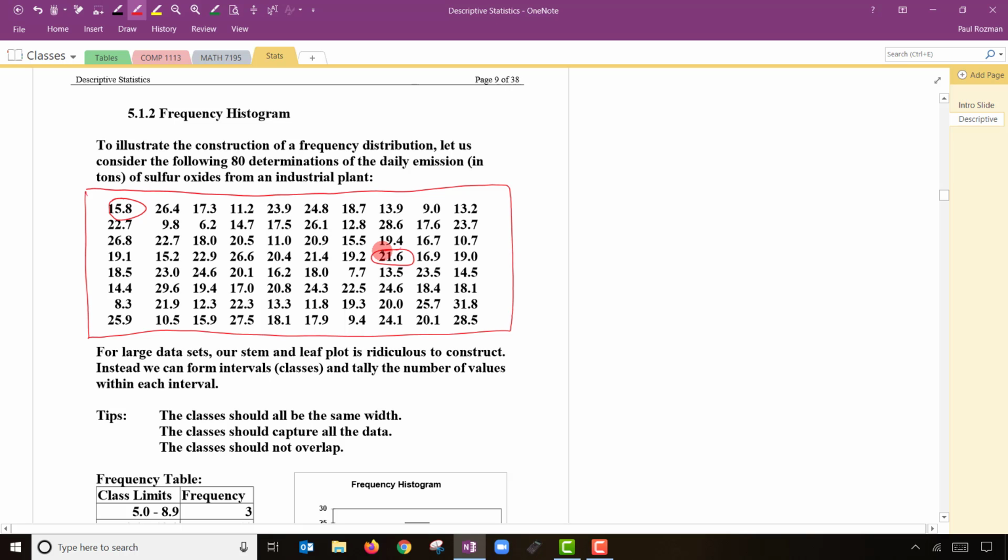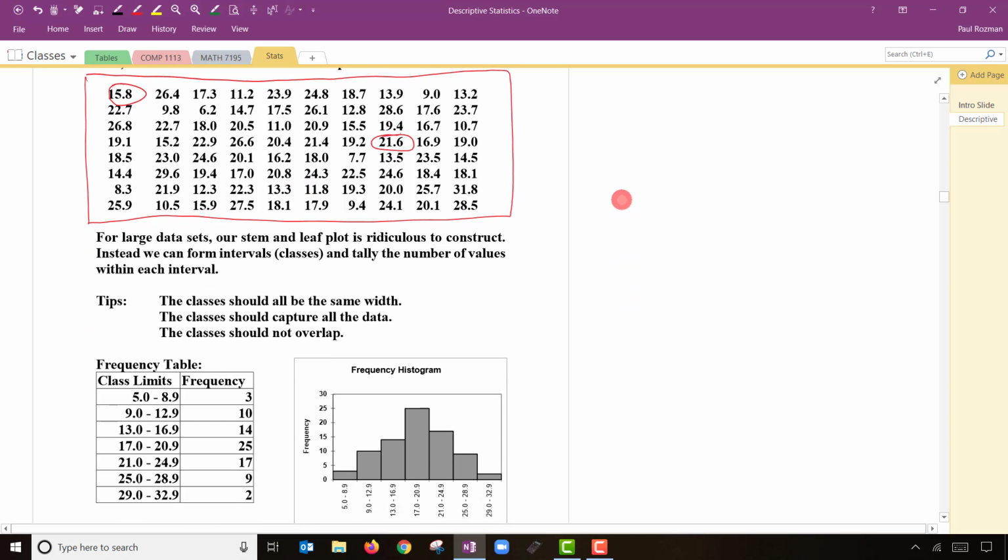It's really hard to identify if there are any extreme values in here. It's hard to see what the average is. I don't know what the shape of this distribution is. So I want to summarize it by making something similar to that stem and leaf plot. Instead of having my categories go by 10, 20, 30, 40, I can break them down into anything I want, as long as they're all the same width.